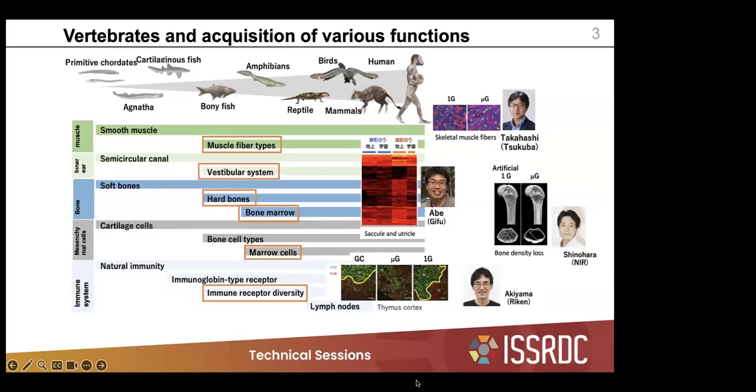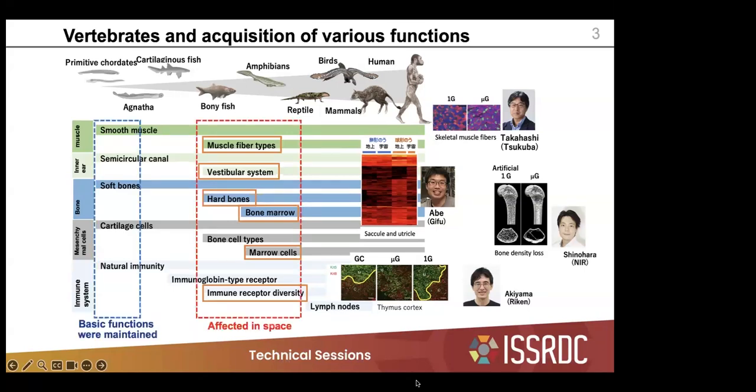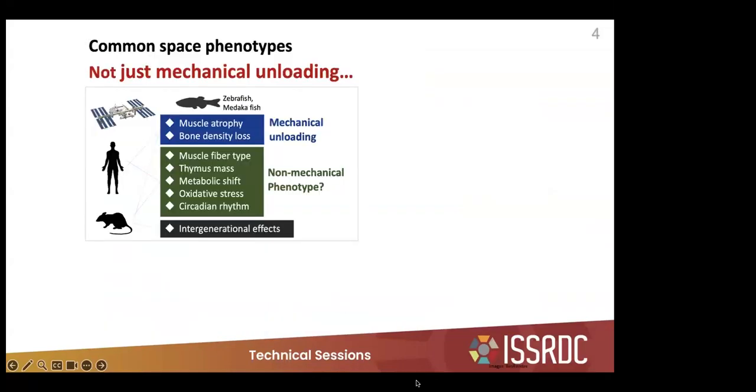These findings highlight that while basic functions remain intact, advanced functions acquired during the transition from sea to land are especially sensitive to the space environment.